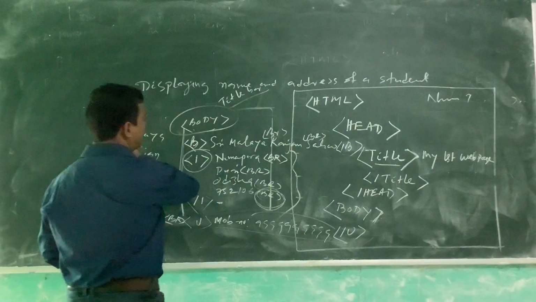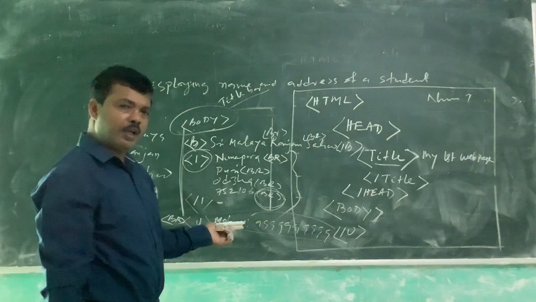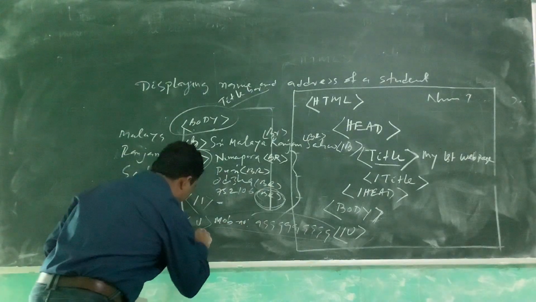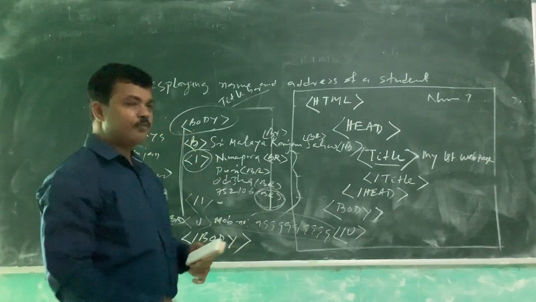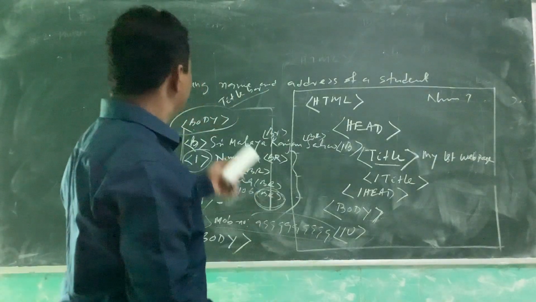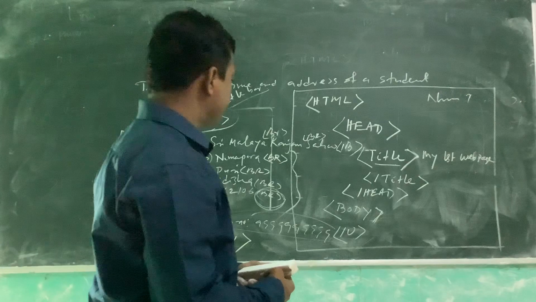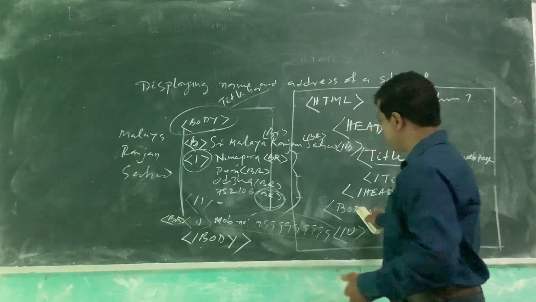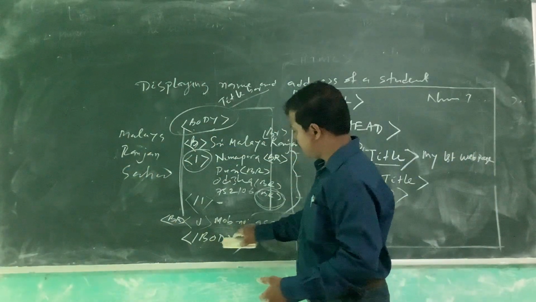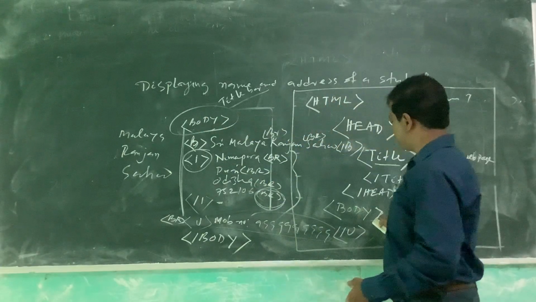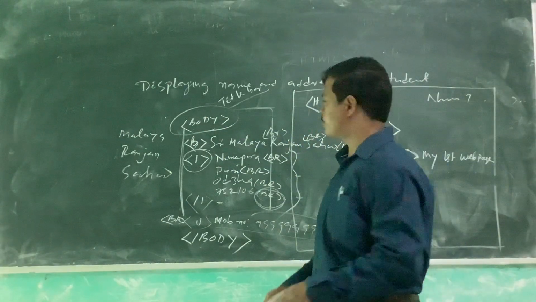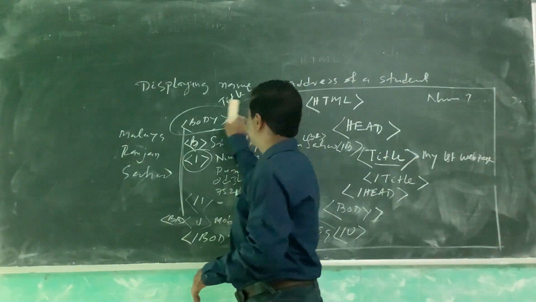Which tag? First we have to close body. Then here you need to type /body. This is the starting part and this is the ending part. I am repeating the body, but don't type twice.